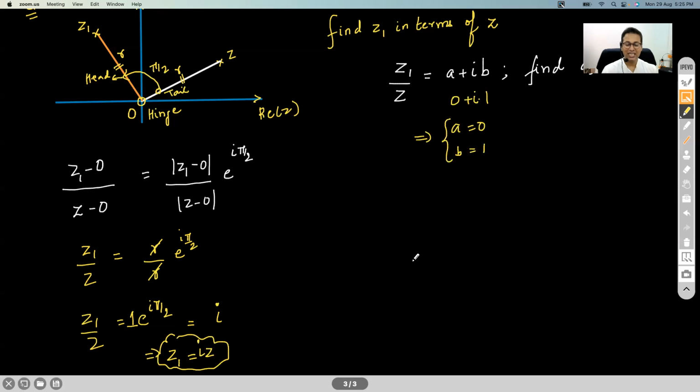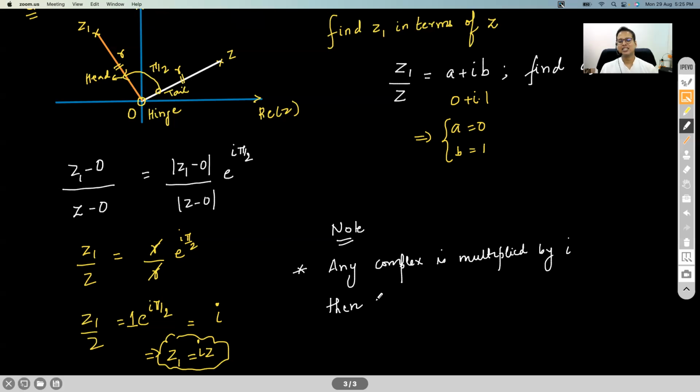Okay. Now, this is a very important result actually, that many of you should be noting down here. Note, if any complex number is multiplied by i, then the complex number gets rotated by 90 degrees anti-clockwise.